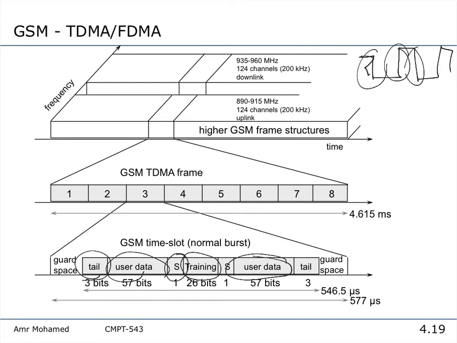So this signal indicator indicates whether this user data contains actual data or control information. So this format constitutes one frame which is used by one mobile station, which is divided into tail, user data, a signal indicator, and the training bits.